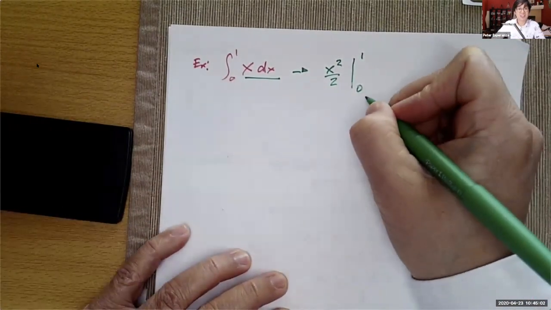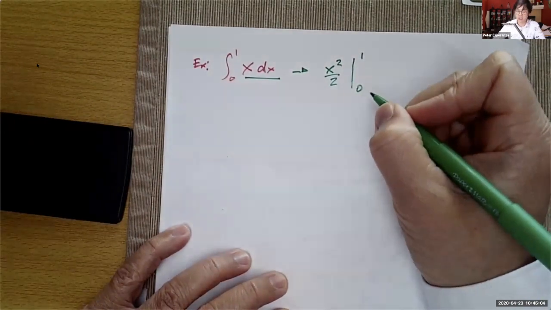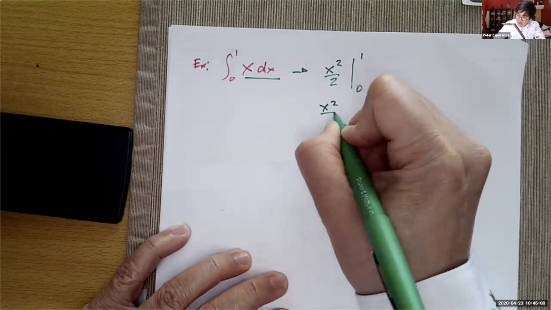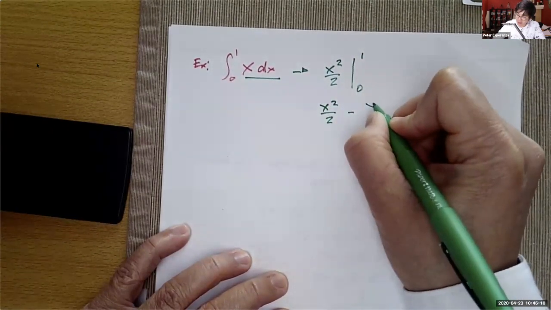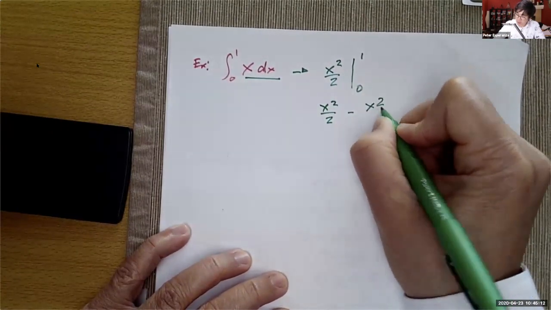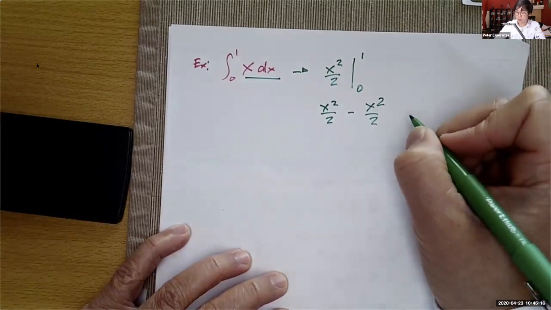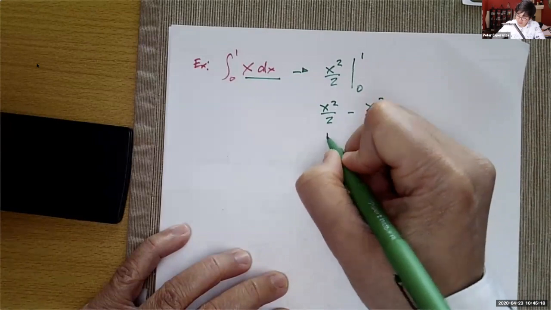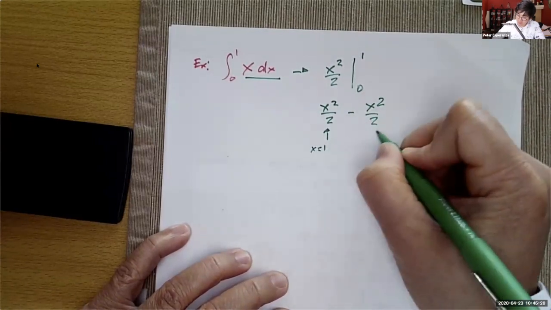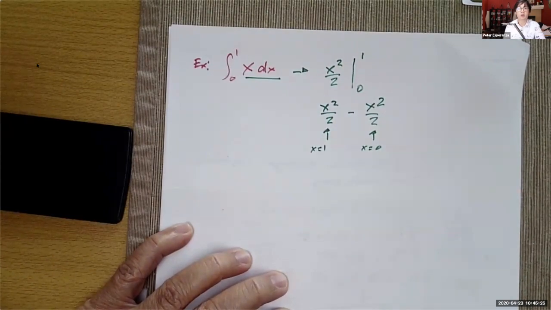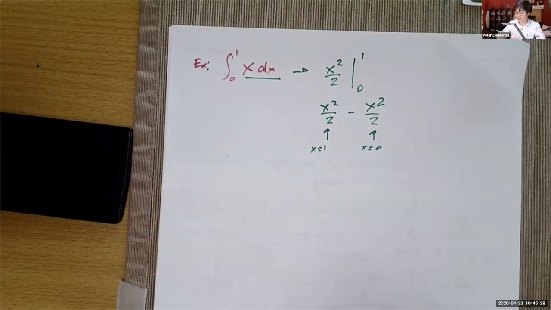So how do you evaluate this now? We're just going to evaluate it using substitution. So we're going to have x squared all over 2, and you're going to evaluate the value of x with 1 and with 0. That's basically how you evaluate your upper and lower limit in the definite integration.